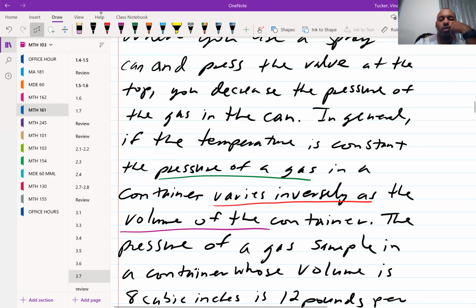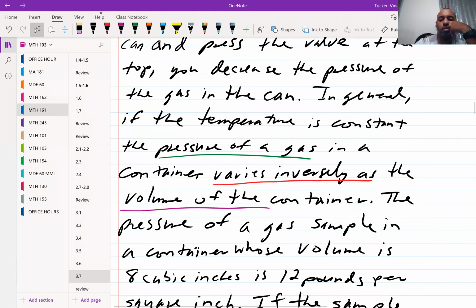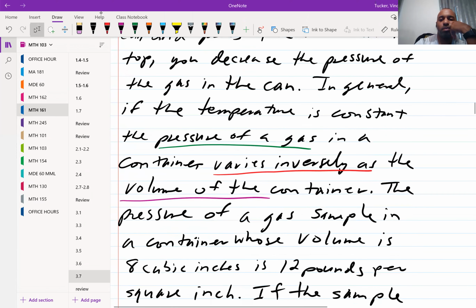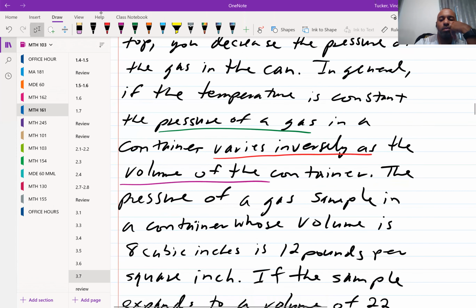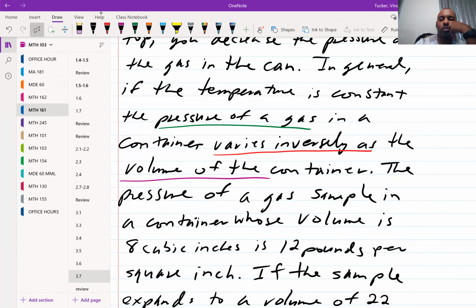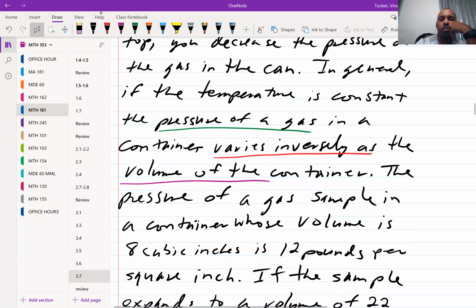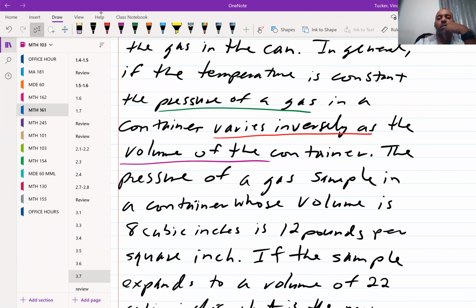All right, scrolling up some. So the pressure of a gas sample in a container whose volume is 8 cubic inches is 12 pounds per square inch.